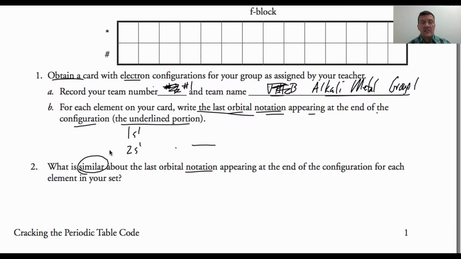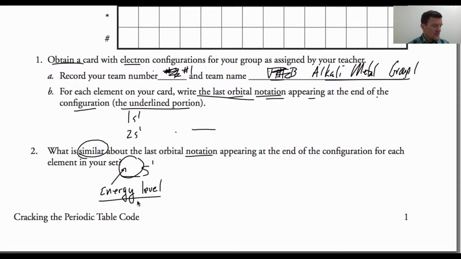Those are involved in reactions. So it makes sense that those elements are going to have similar chemical properties. These are all ending in s1, something s1, and this number right here would be the energy level. So it's going to be that particular energy level and then s1. All right?